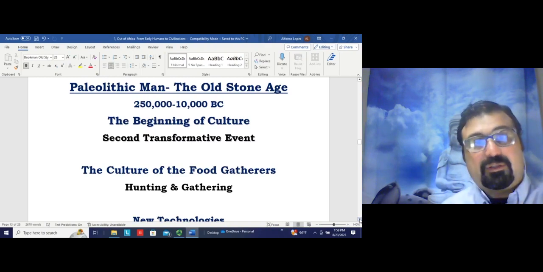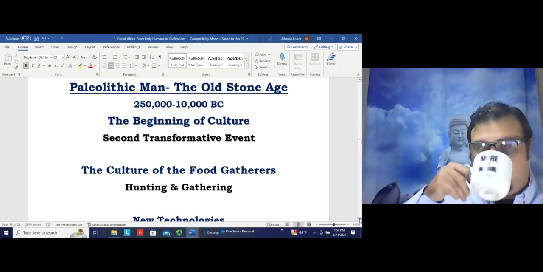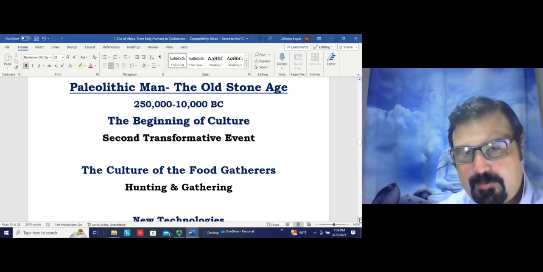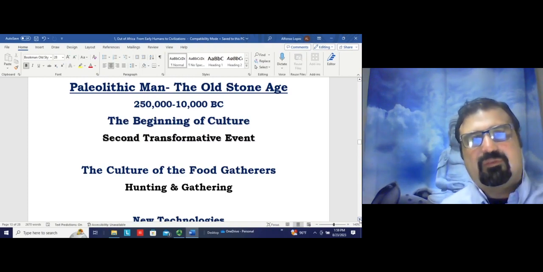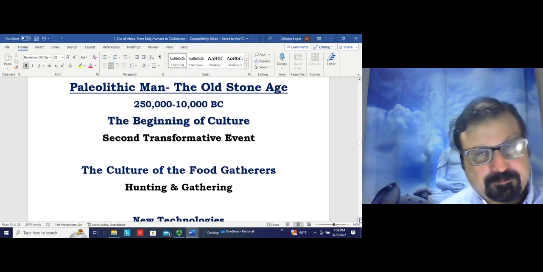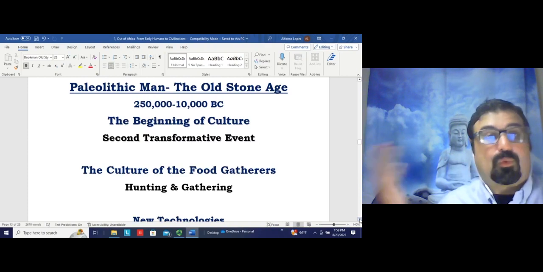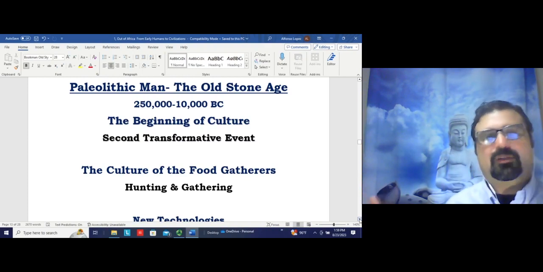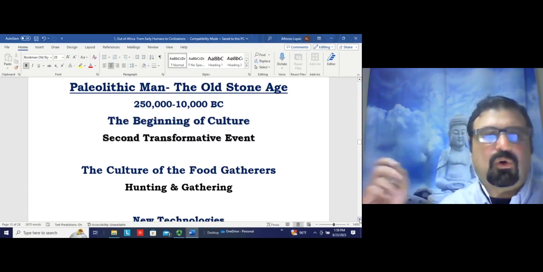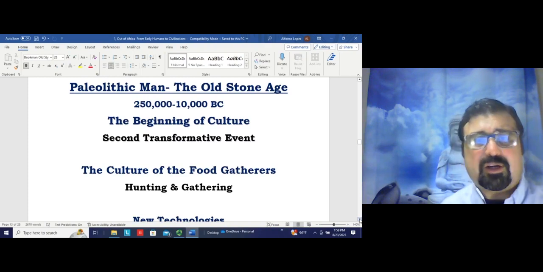So this is considered the second transformative event in world history. The first transformative event, as we already saw in part one, was the emergence of life. When life originated on the planet, the very first living organisms, the very first cells that reproduce themselves to create all kinds of living organisms.